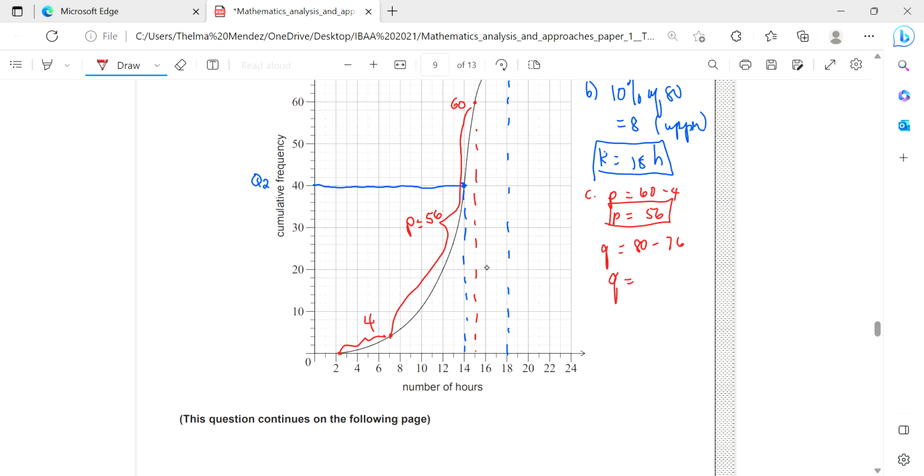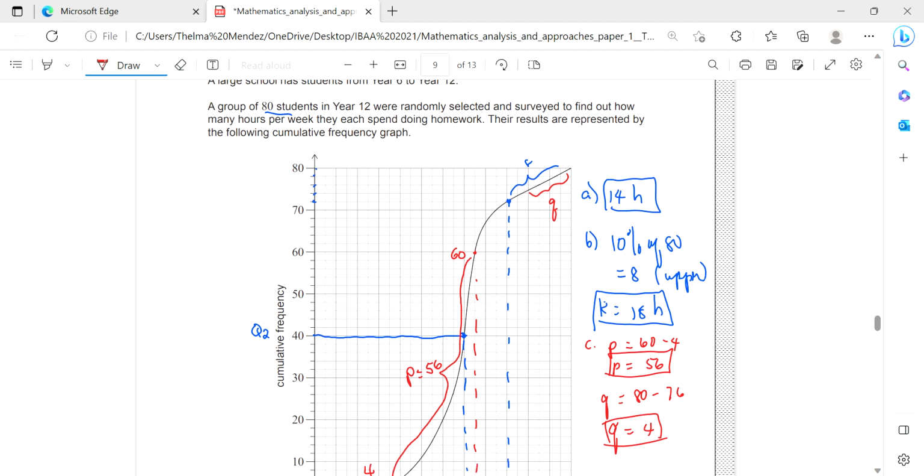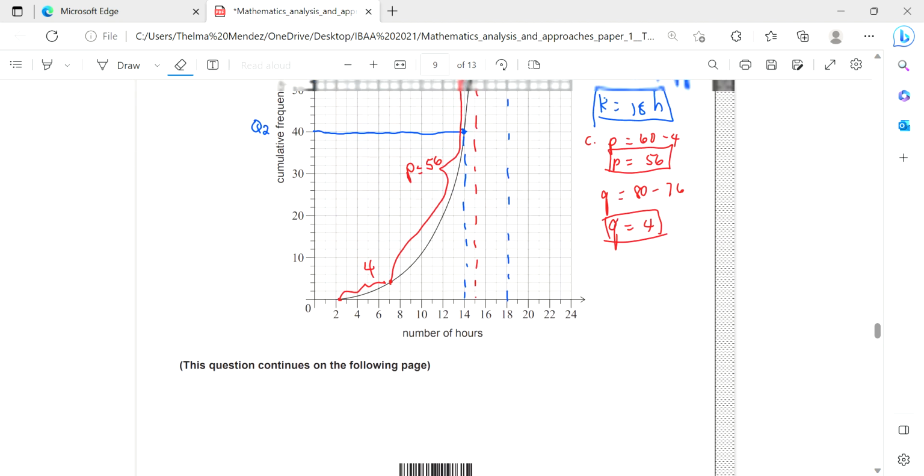So Q equals 4. Where is that 76? 2, 4, 6. Sorry, my drawing is not accurate. So from 21 to 24.